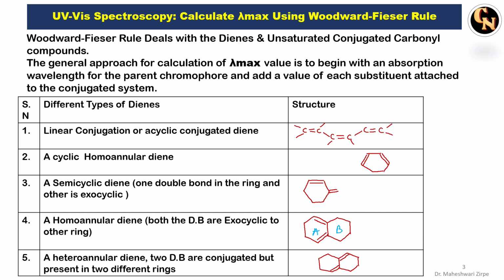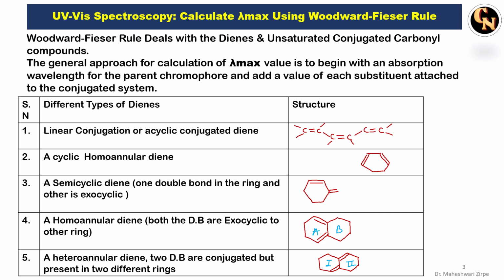Let us name them cycle 1 and cycle 2. So the two rings are different and the double bonds are in both the rings. If such is the case, then they can be classified as heteroannular dienes.